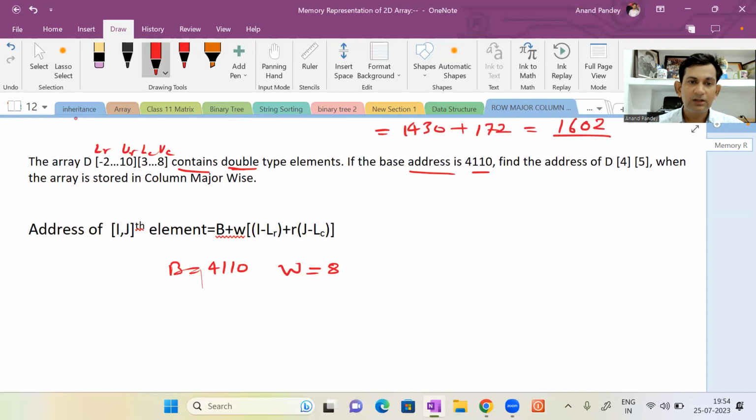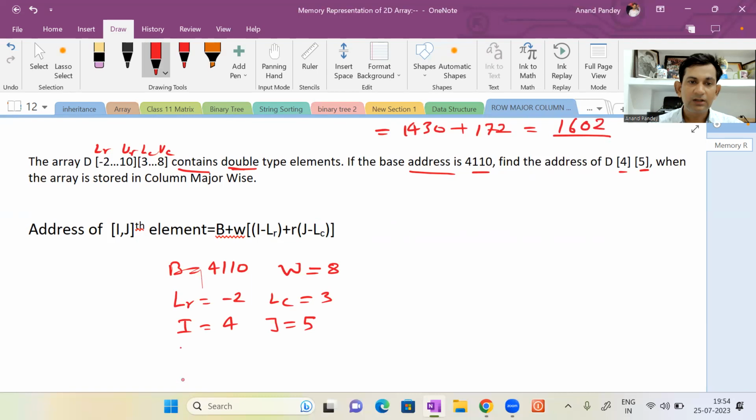Then value of W, then value of LR. The value of LR, get it from there, -2. The value of LC is 3. Now value of I, the address of which element? We have to find the address of D4, 5. So I is 4 and J is 5.